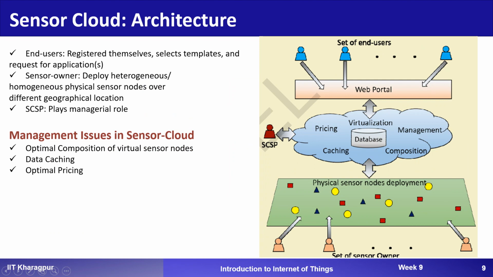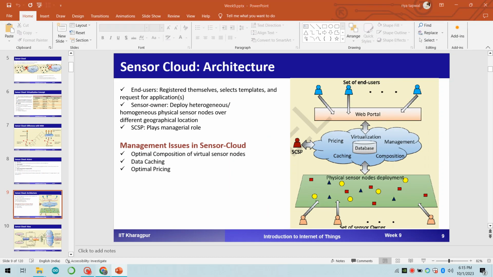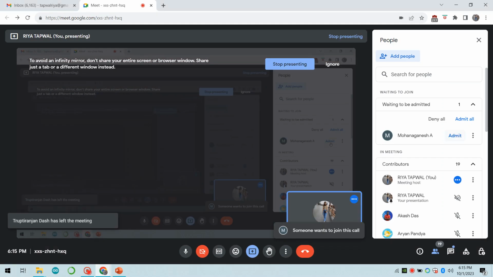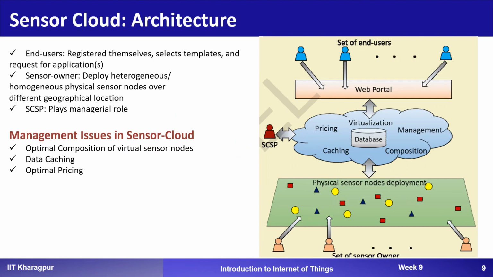After that, the third layer is end users. End users use the facilities which are provided by these sensors. First of all, the end user registers themselves, selects particular templates, and then requests a particular kind of application.